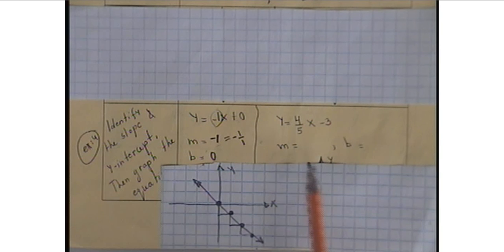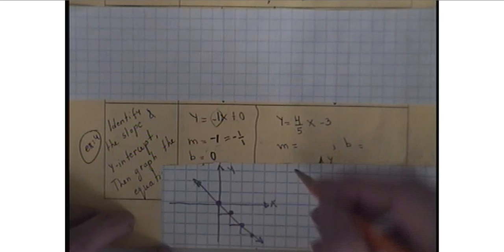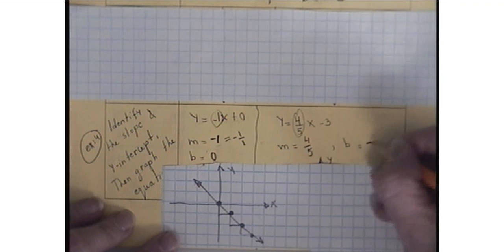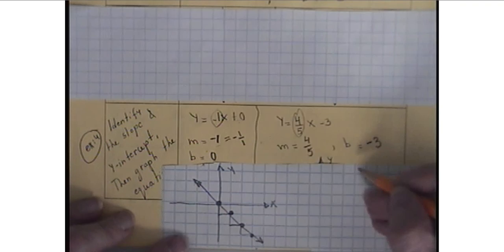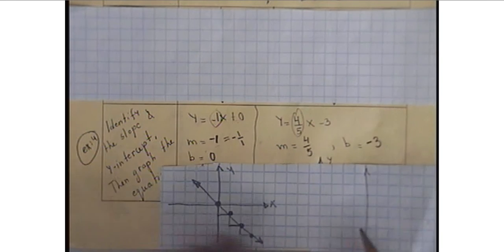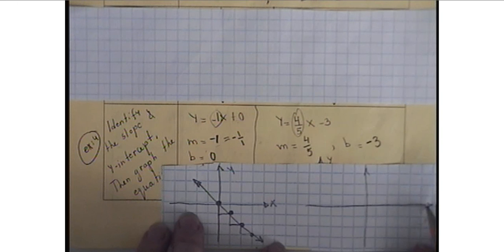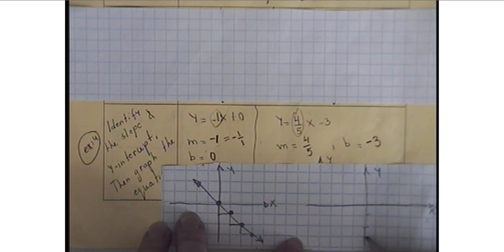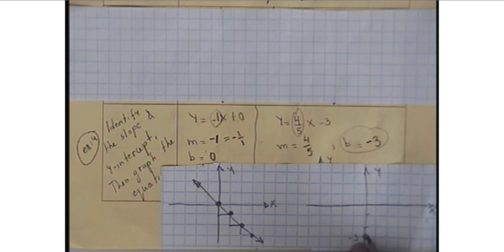Same thing with the last problem for the day. We have 4/5 for the slope, and b is negative 3. So I'm going to draw the line, and we will have again x and y, and negative 1, negative 2, negative 3. Let's say the starting point b is negative 3 here, and then we have positive 4 over 5 slope.